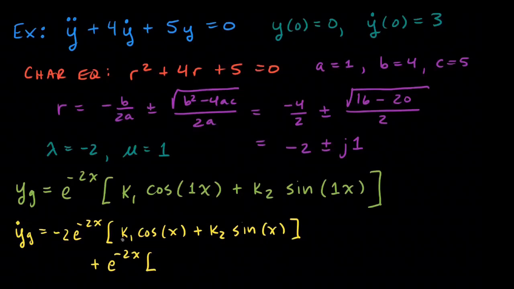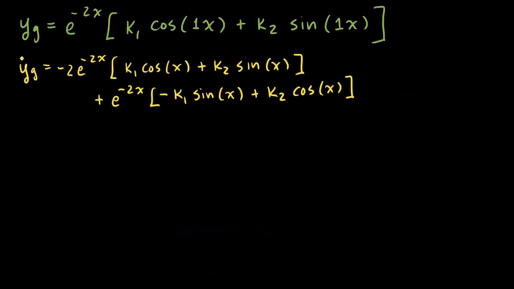The derivative of the cosine is going to be negative sine, so I'm going to have negative k1 times the sine of x, and then the derivative of sine is cosine, so I'll have plus k2 times the cosine of x. Okay, so all of a sudden I've got something rather large going on here.